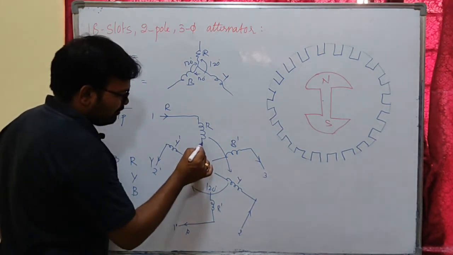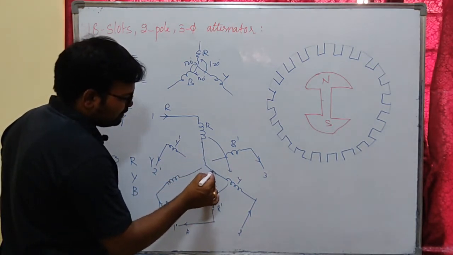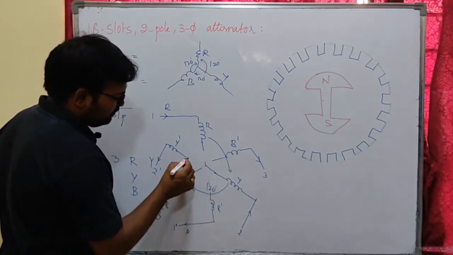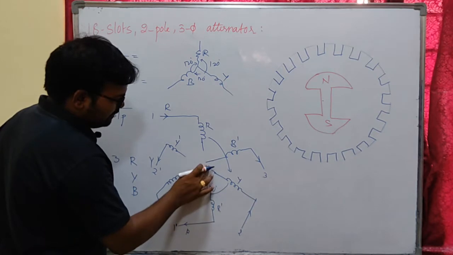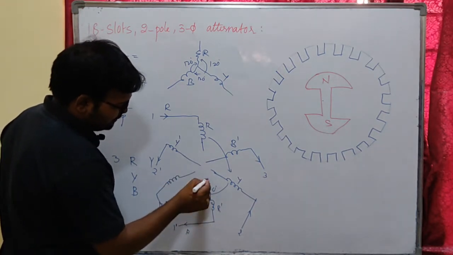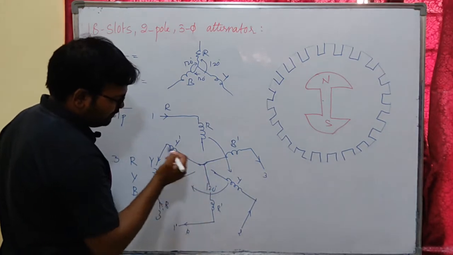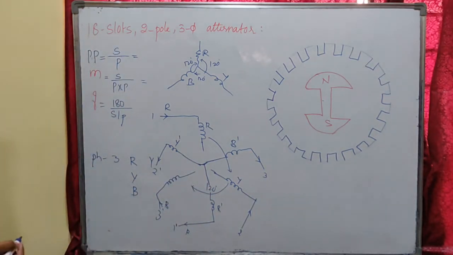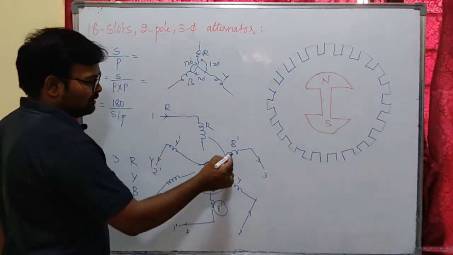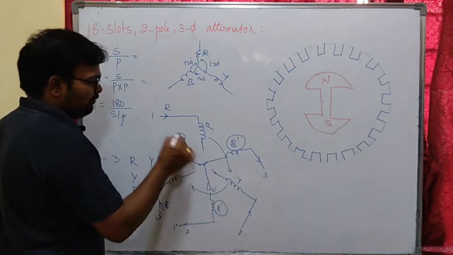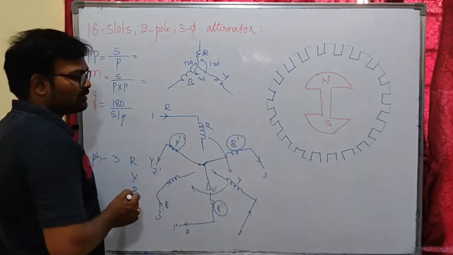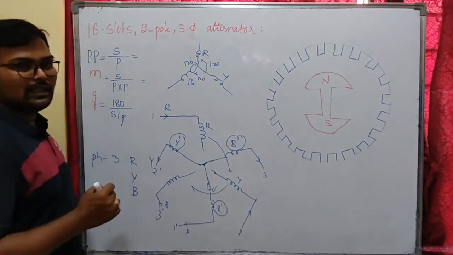If you connect the returns of the windings, R dash, B dash and Y dash, these are the supply lines R, Y, B. If you connect the secondary terminals of these 3 phase windings, that will be a star connected stator.